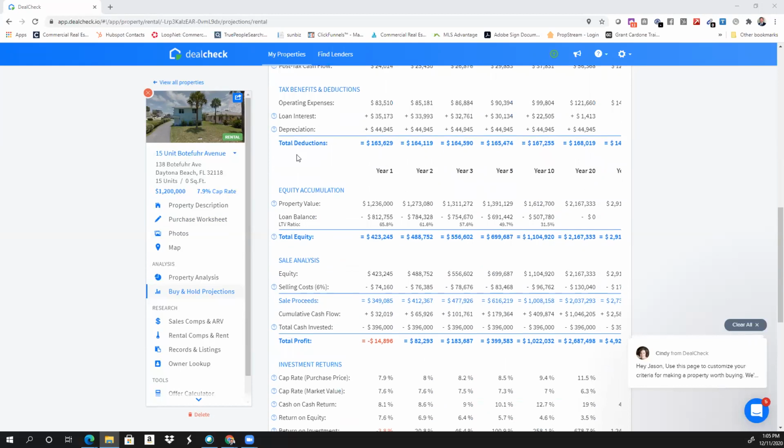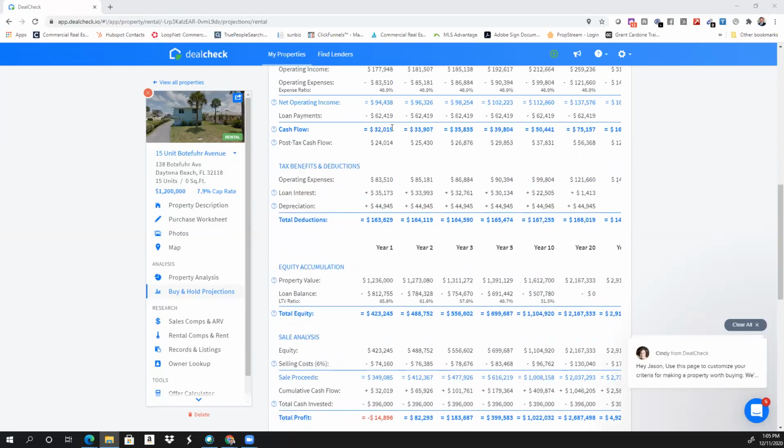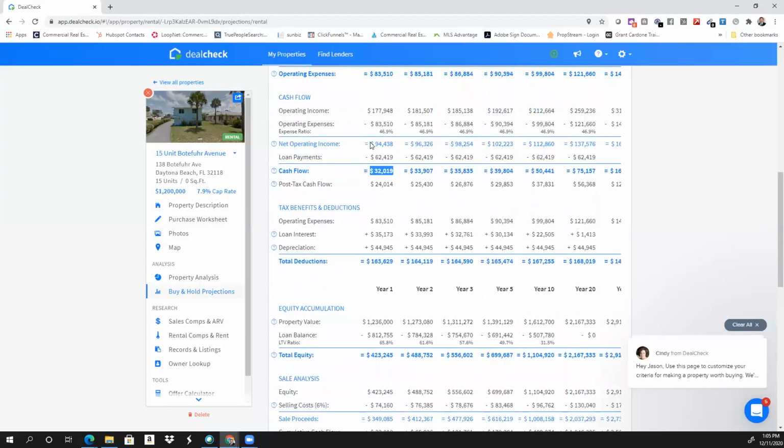So the cash flow, that's what's going to determine what you hear as cash on cash return. Your cap rate is going to be the NOI divided by the purchase price. The net operating income divided by the purchase price will give you the cap rate, or inversely, the net operating income divided by whatever the cap rate is will give you the evaluation, vice versa.